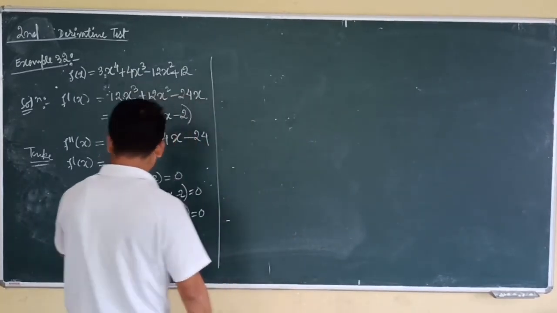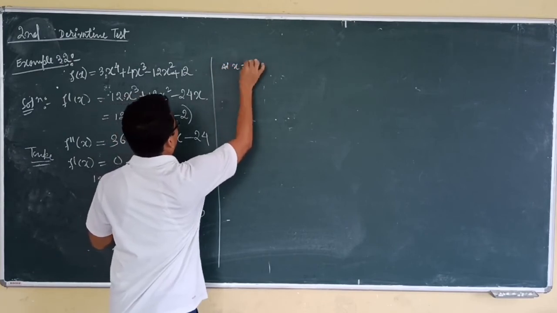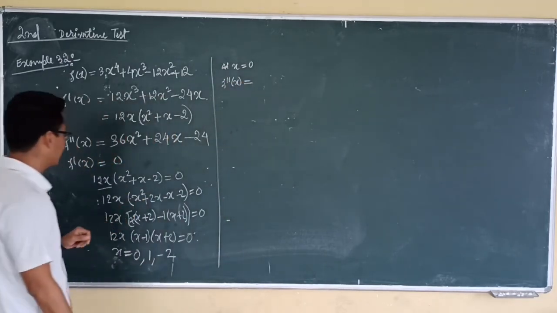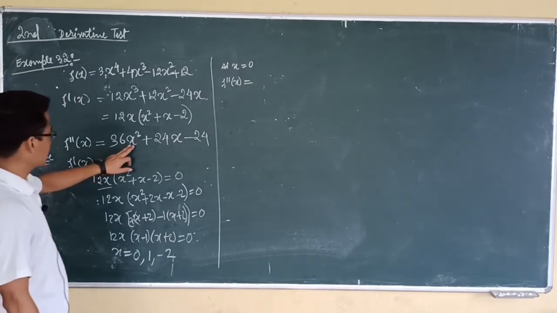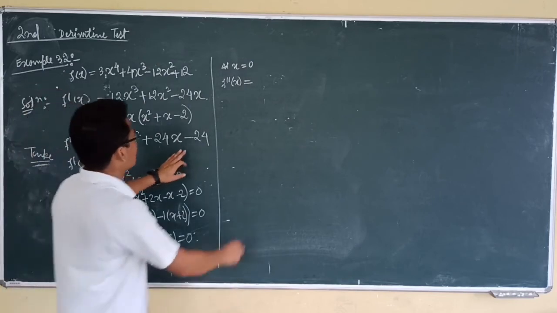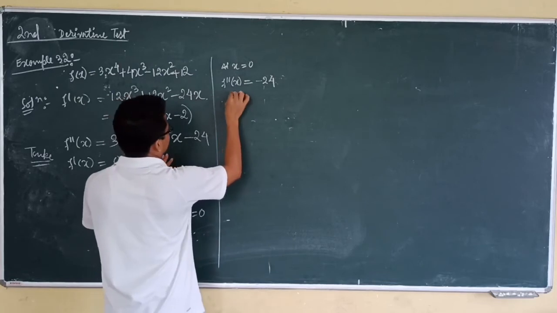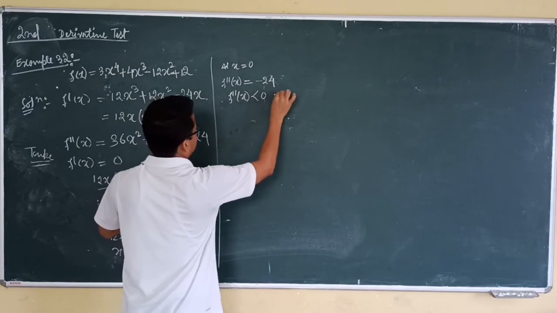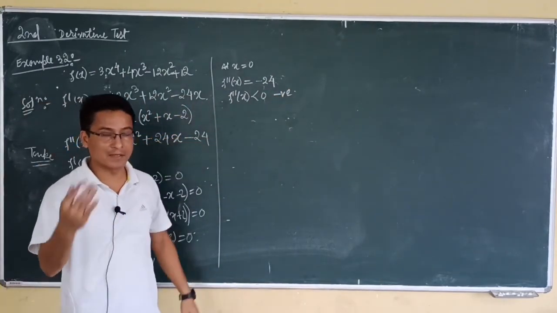Now when I put x equal to 0 here, f double dash x, what will we get? We will get 0 and 0, then we will get minus 24. Minus 24 means f double dash x is less than 0. That means negative, and negative means maximum.